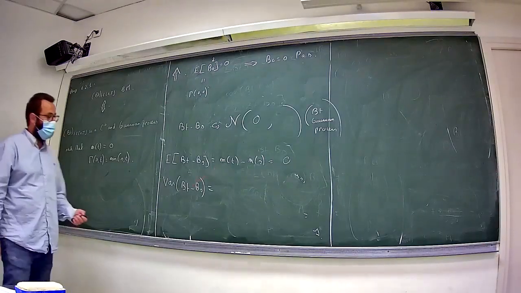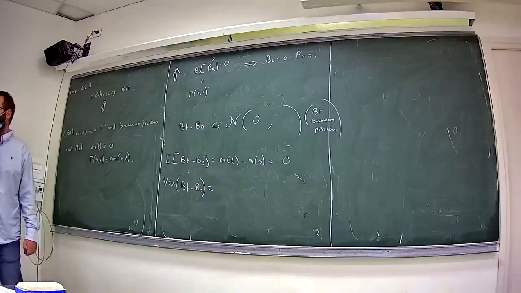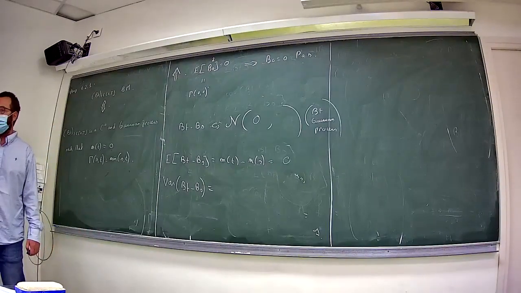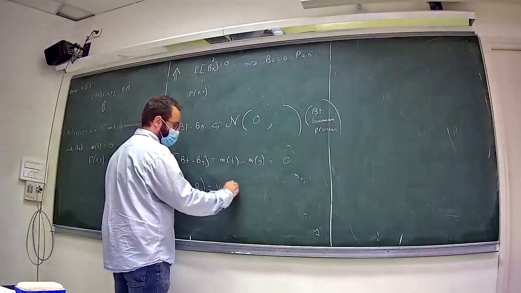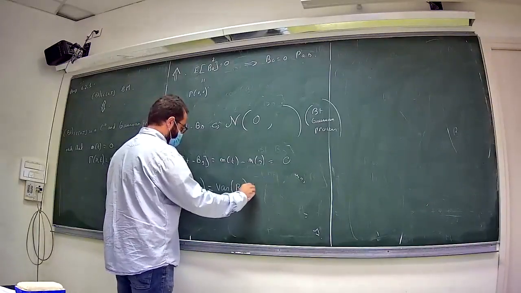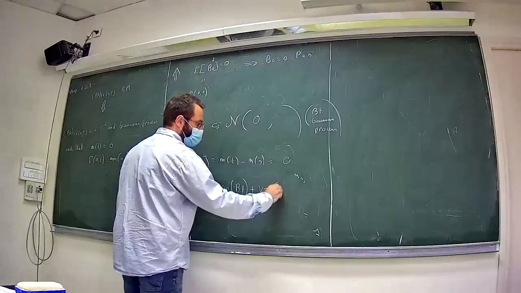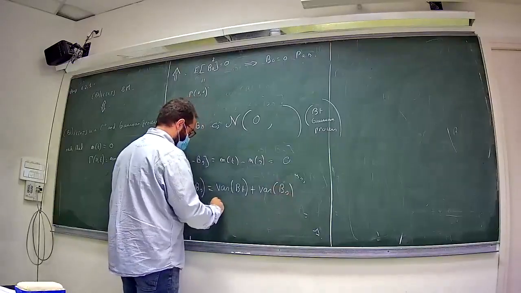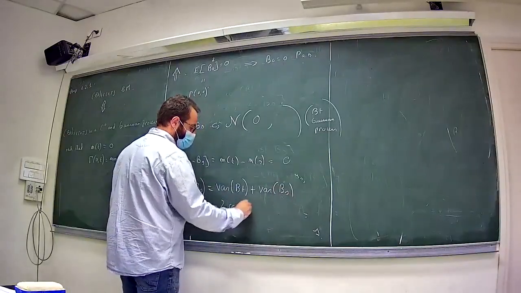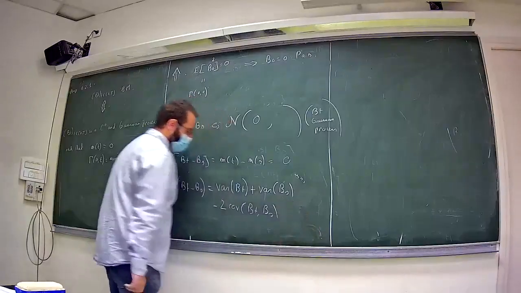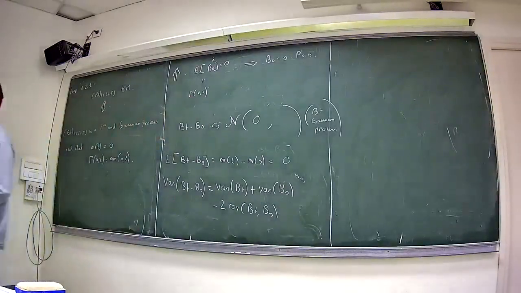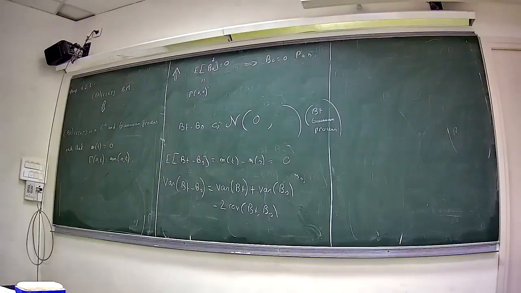What is the formula for the variance of a difference? It's the variance of Bt plus the variance of Bs minus 2 times the covariance between Bt and Bs. It's because the variance is a quadratic form, or equivalently the covariance is bilinear.